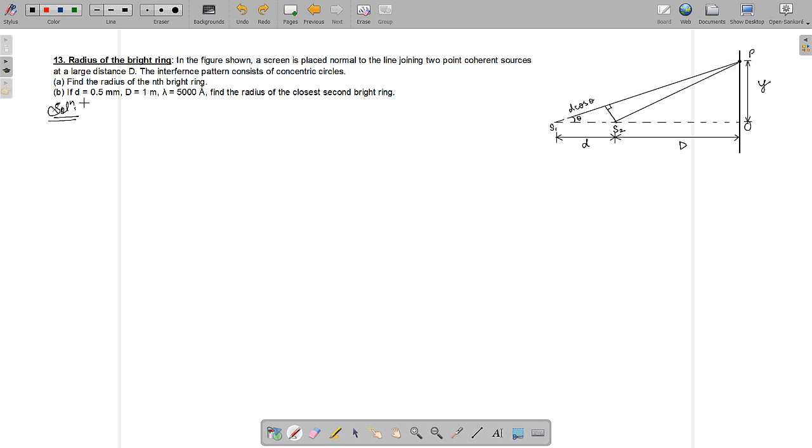The path difference at P is given by delta x equal to S1P minus S2P, which will be equal to d cos theta.